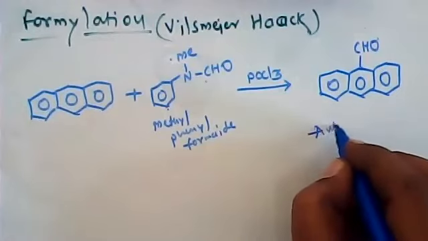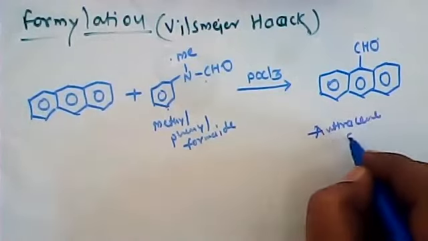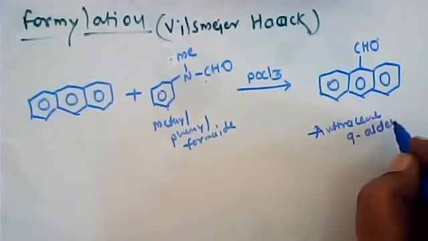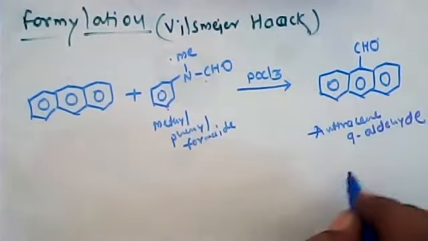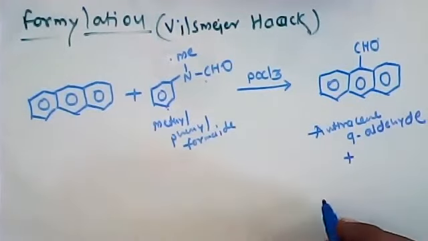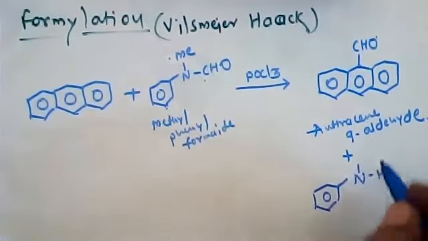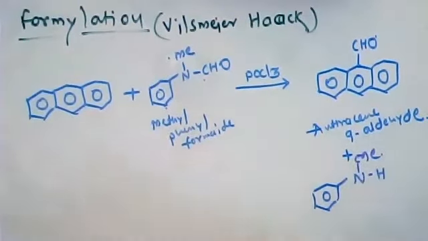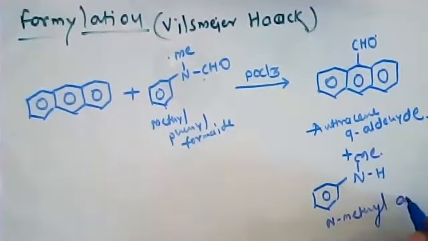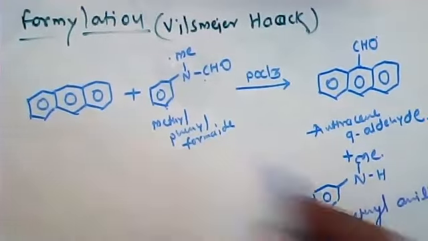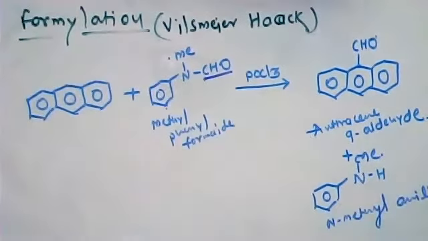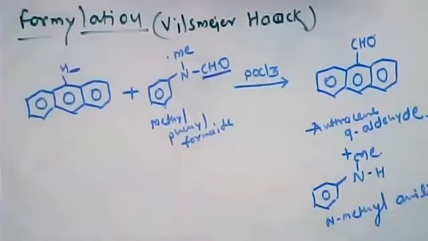The product is anthracene 9 aldehyde. And here the byproduct you get is N-methyl aniline, and this H is replaced with CHO.